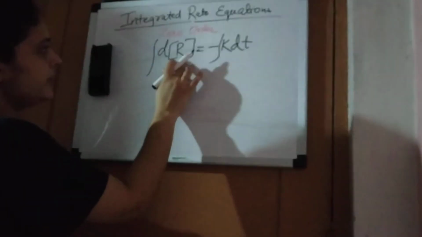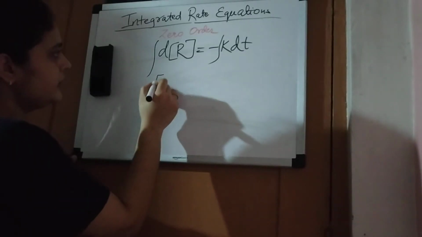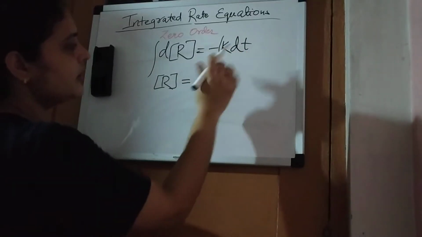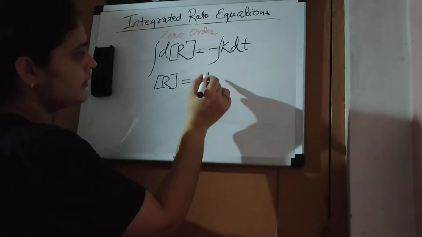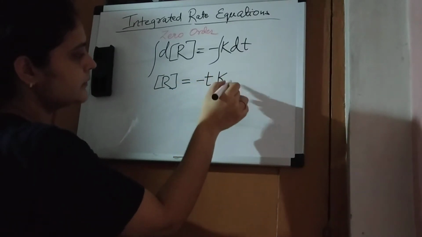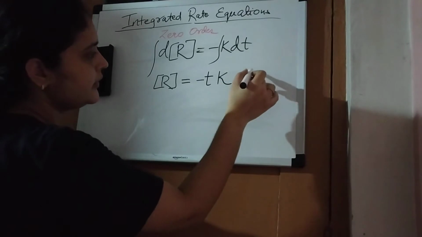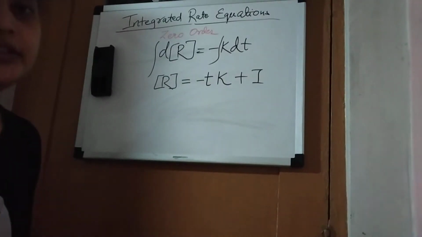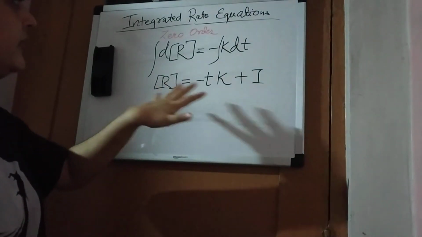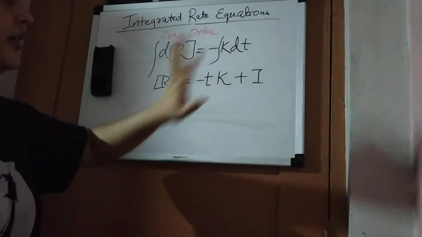You will get the concentration of R equals minus k t plus I, where I is the constant of integration. According to the laws of integration, you get this equation after integrating.